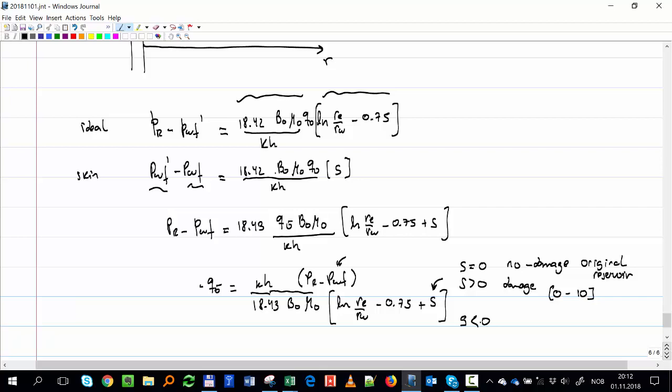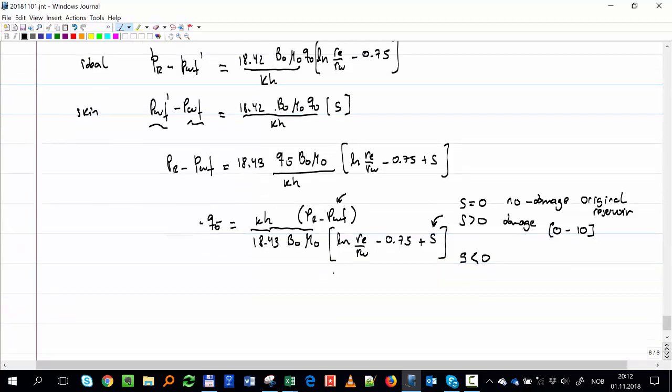If it becomes negative, remember this is 8.5, or around that number, and this is 0.75. And if I make this number somehow less, what happens if the denominator becomes smaller? The rate will be higher, right? So this is also to model stimulation.